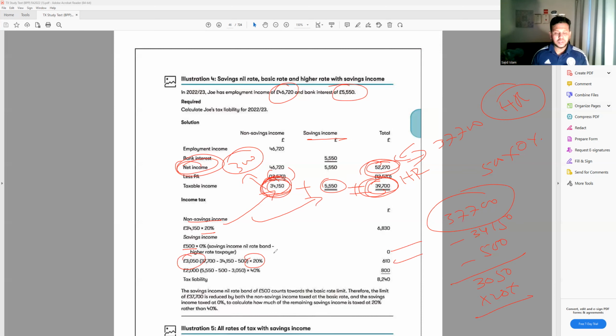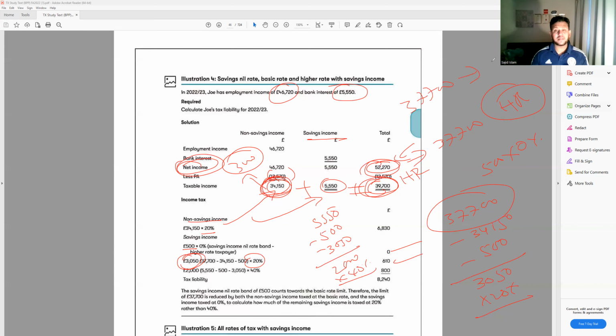And anything more than that: my total savings is 3,550 minus the 500 and the 3,050, so I still have some savings income, 2,000, and I have to pay 40%, because in total I already covered 37,700.